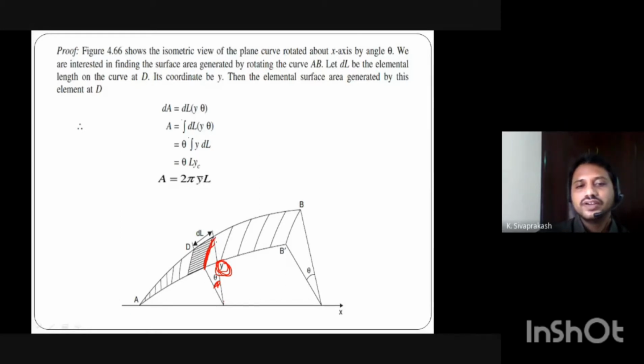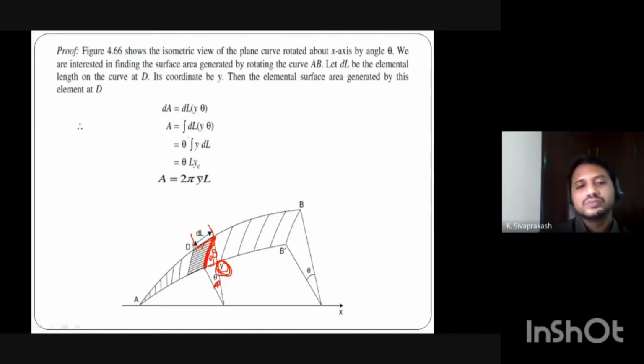The centroid distance is moved only through the angle theta, so the width of the element is y into theta. I think you understand how you get the width of the element. Anyway, the length we assumed as dl, because it is the shortest distance.